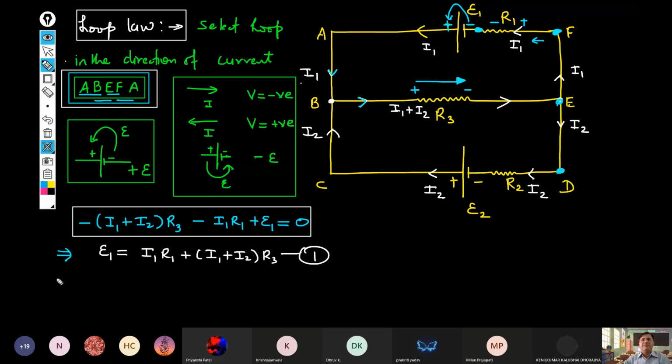So here I am taking a loop, and my preference is B, E, D, C, B. Now in this loop, you tell me, for B to E, what shall I write according to Kirchhoff's second law? B to E, what shall I write? Yes, Prakriti.